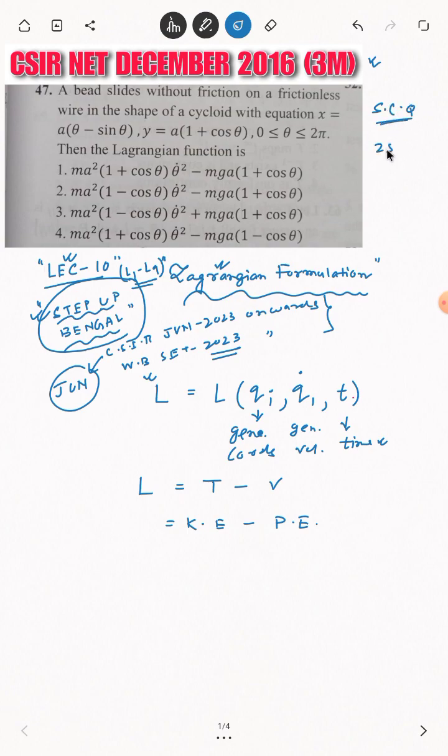Total 25 into 3, that means 75 marks, are allotted in CSIR to single choice questions. From those 25 we have one question every year on classical mechanics. So if you put in just a few minutes, say 7 to 8 minutes a day, then we can easily prepare for that easy 3 marks.